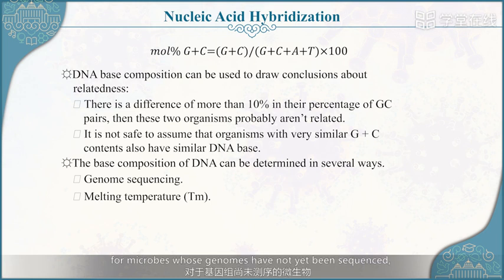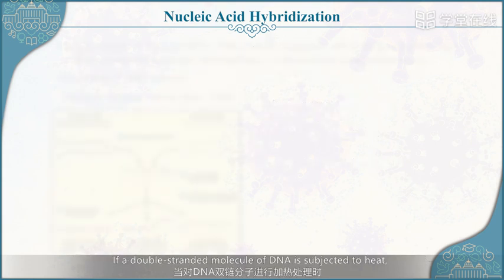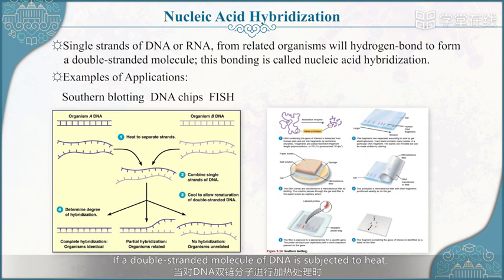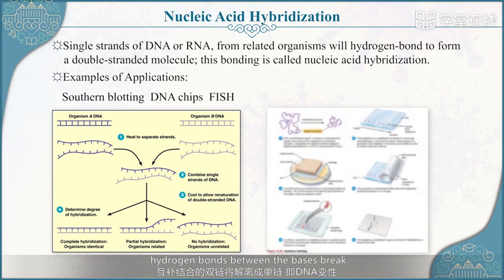However, for microbes whose genomes have not yet been sequenced, the G plus C content often is determined from the melting temperature of DNA. If a double-stranded molecule of DNA is subjected to heat, the complementary strands will separate as the hydrogen bonds between the bases break.